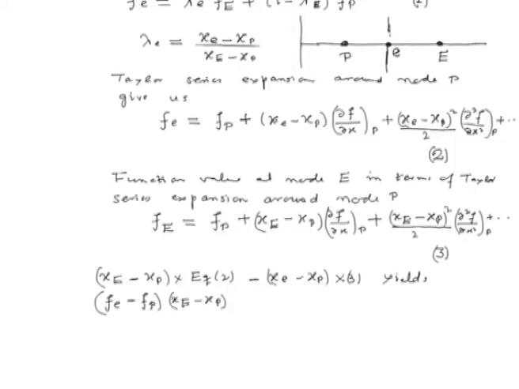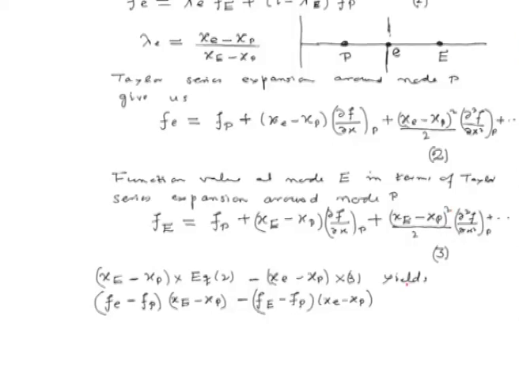This is what we have from the second equation, the first term, minus f capital E minus f capital P times x e minus x P. The first order derivative terms will simply vanish and we would be left with the second order derivative terms.